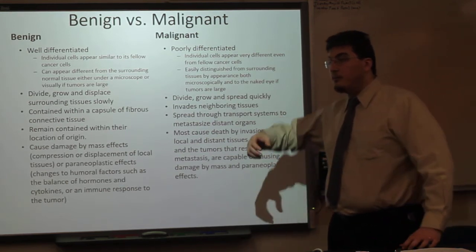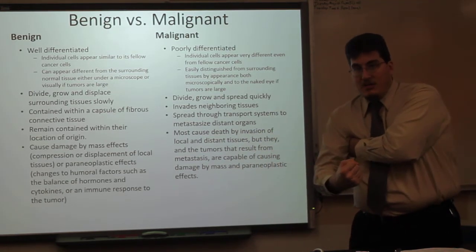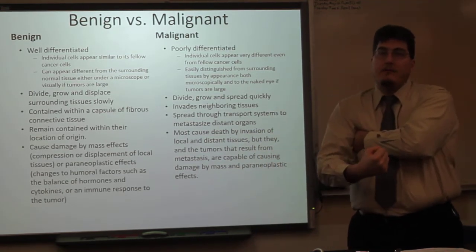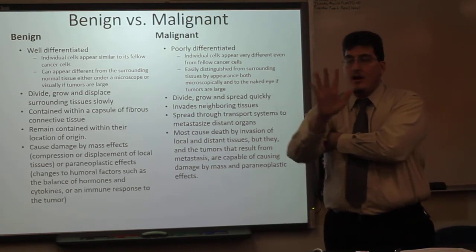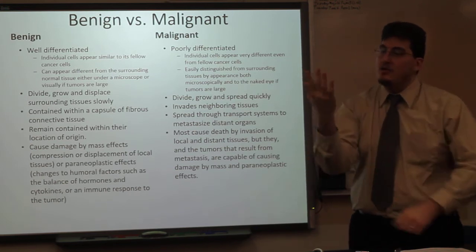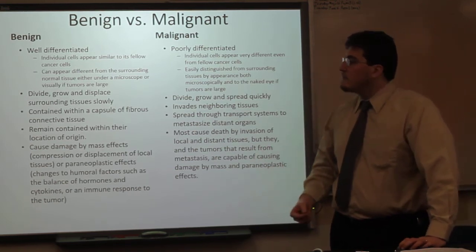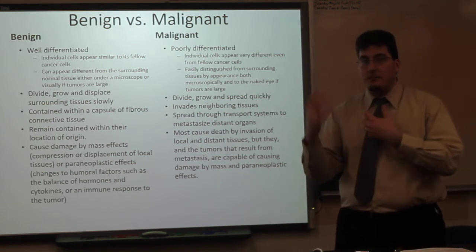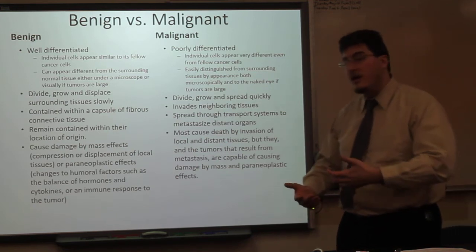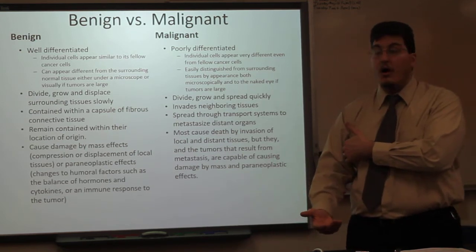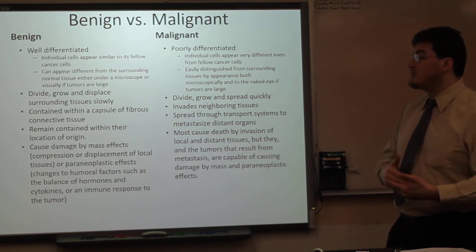So if you were to put a tennis ball under your arm and carry and compress it there for a good period of time, you would start to feel the cutting off of blood flow to your fingers and hands, and you would start to feel numbness and tingling. That is a mass effect. It is caused by compression of the tissues, specifically the brachial artery in your arm. So mass effect is compression or displacement of local tissues.